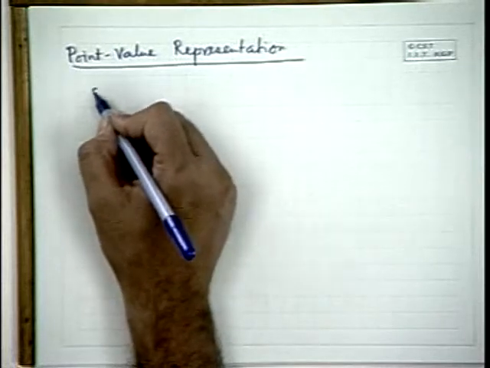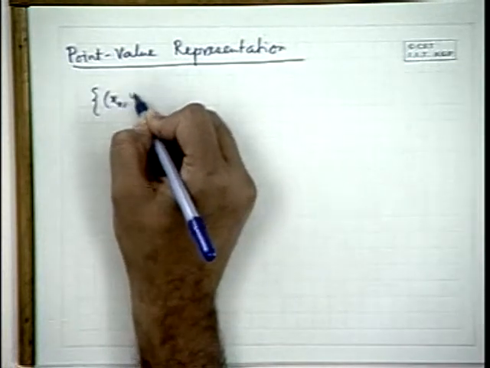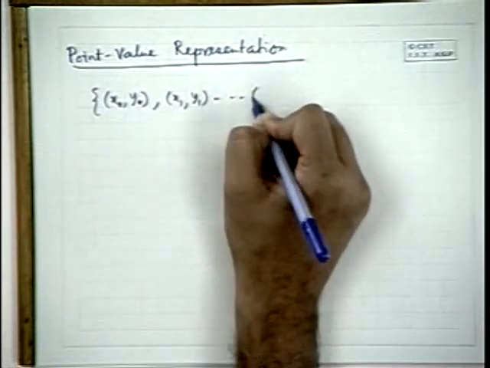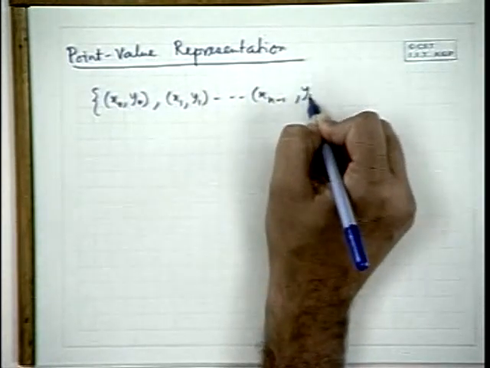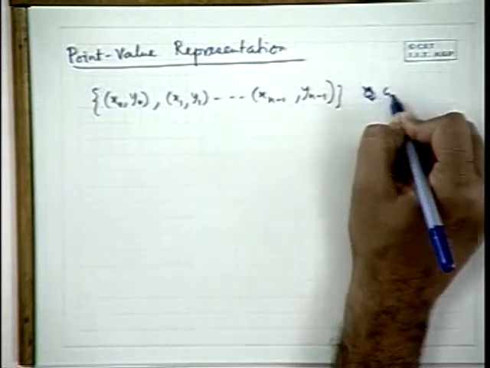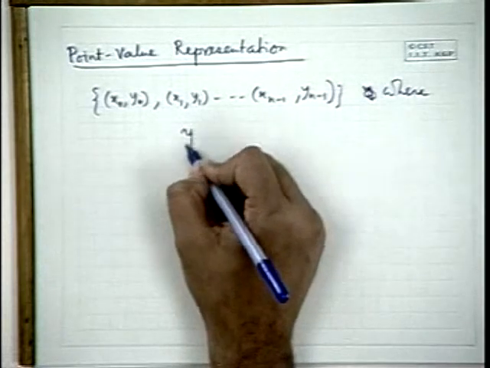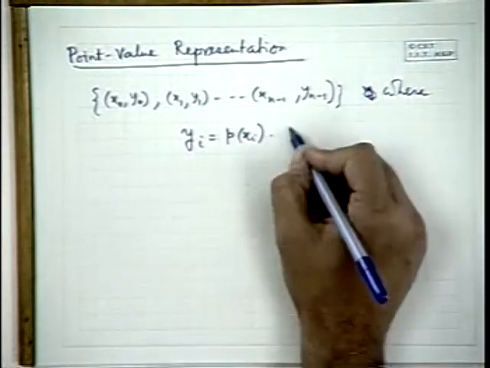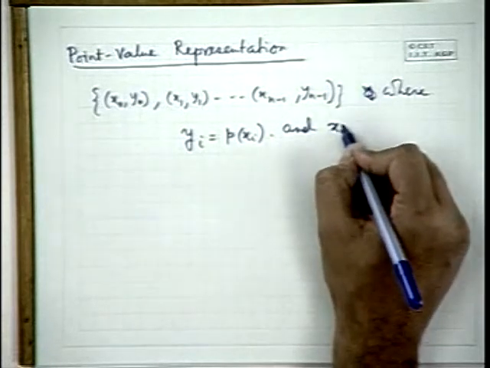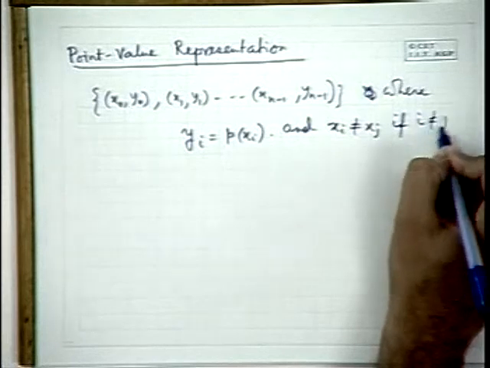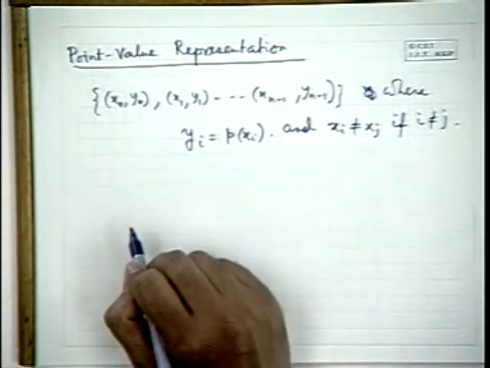So point value representation is x0, y0, x1, y1, up to xn minus 1, yn minus 1, where yi is equal to p of xi. And of course, xi must not be equal to xj if i is not equal to j.